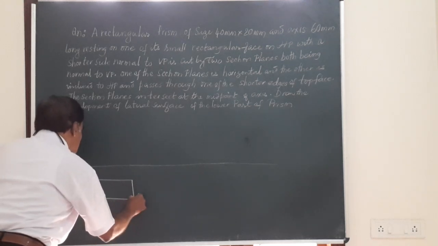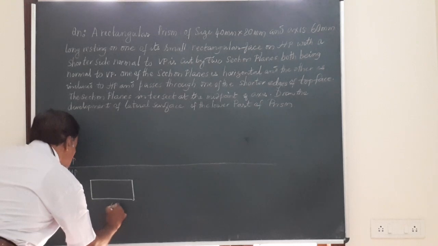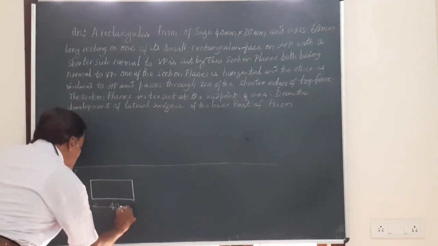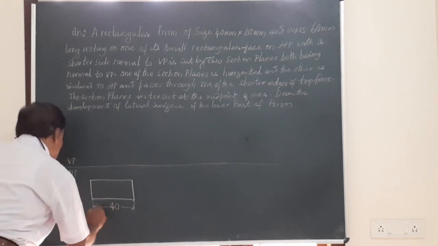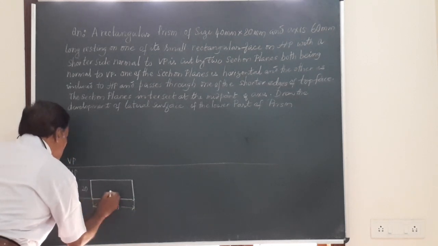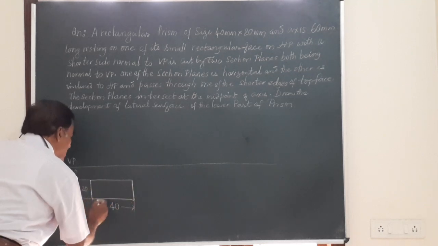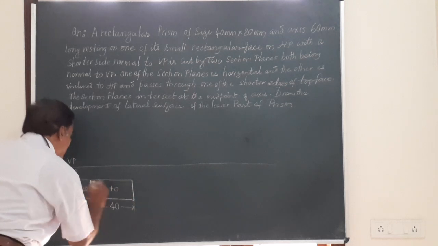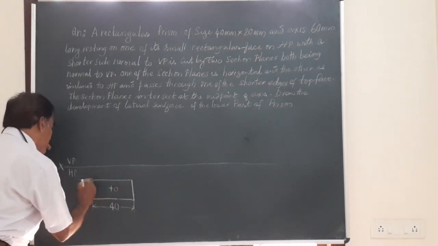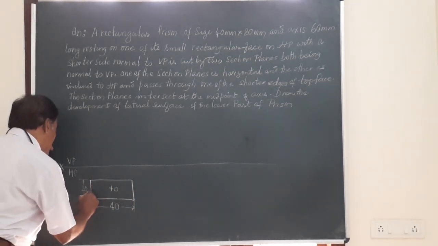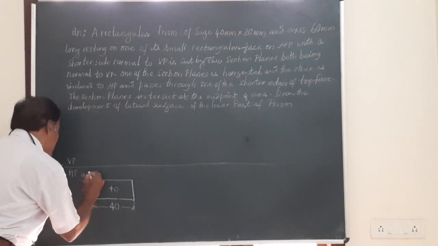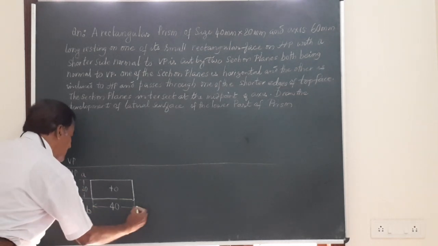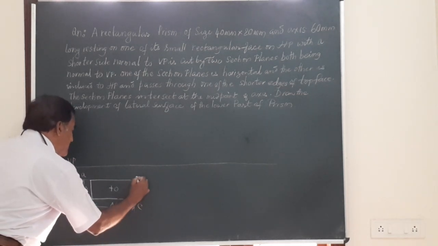Say this is 40 mm and the other side is 20 mm. You can locate the center by joining the diagonals and get O, the center of the top face. Let me number this as A, B, C, D.